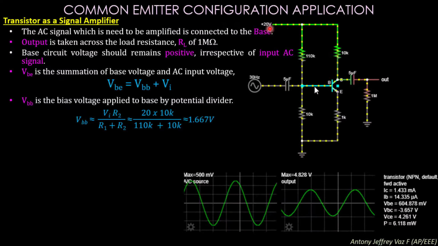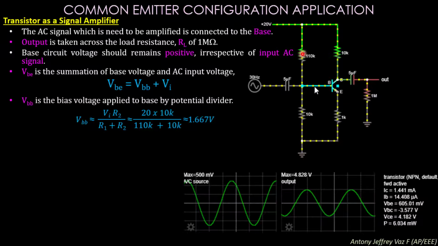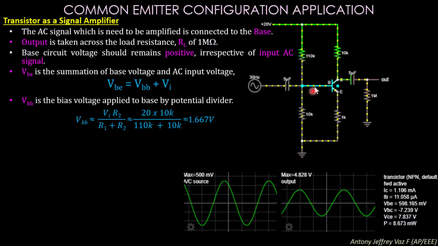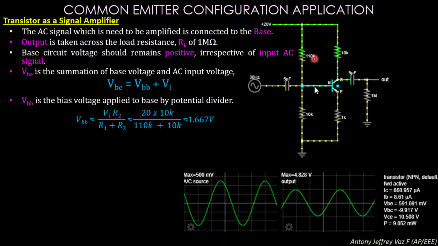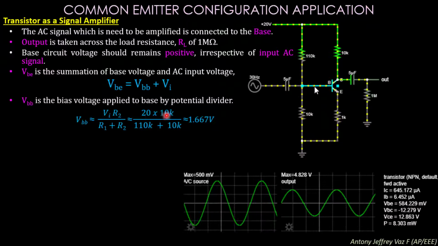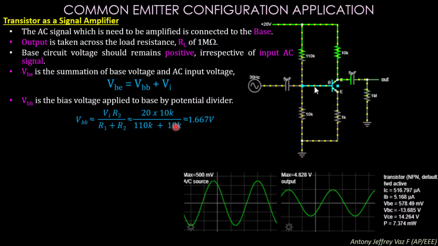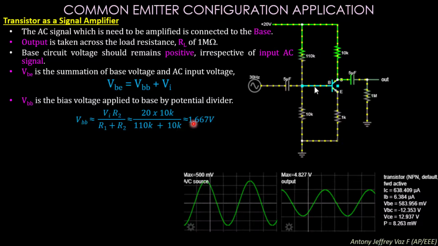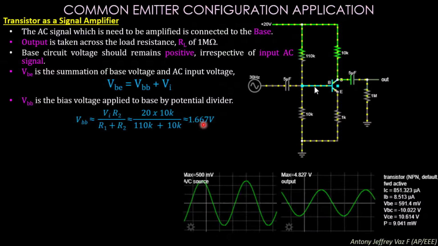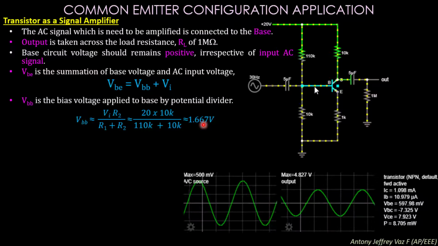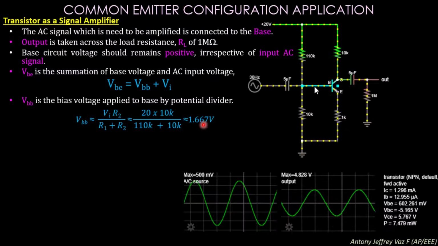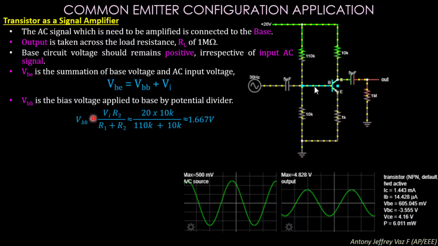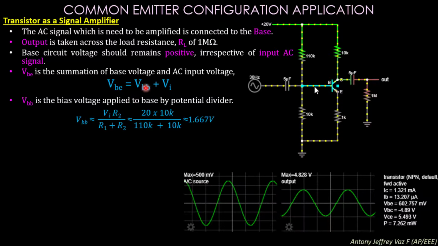The 20 volt is the input of the potential divider, and you have a 10 kilo ohm resistance as well as a 110 kilo ohm resistance. So 20 into 10 divided by 110 plus 10, you will approximately have a value of 1.667 volt across the base emitter, this 1.667 is for VBB.